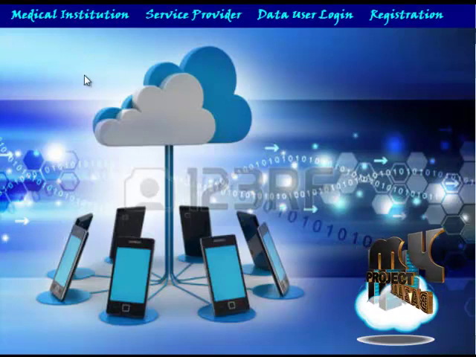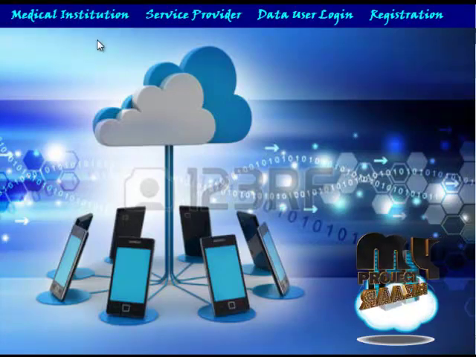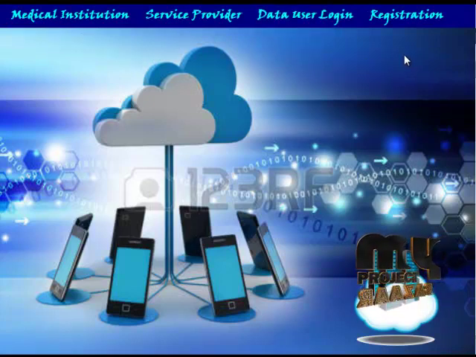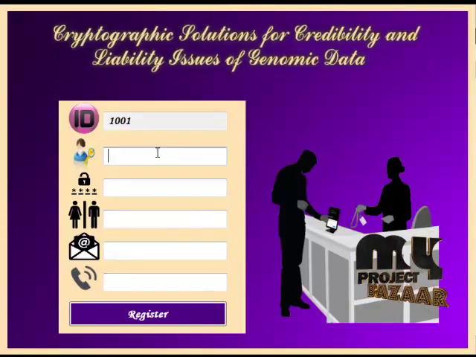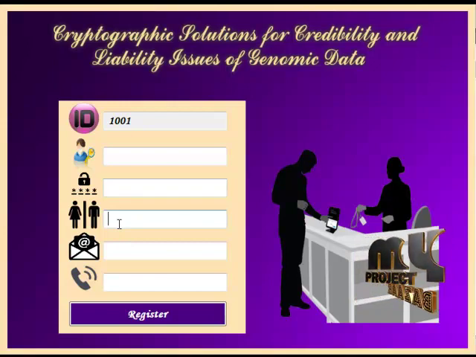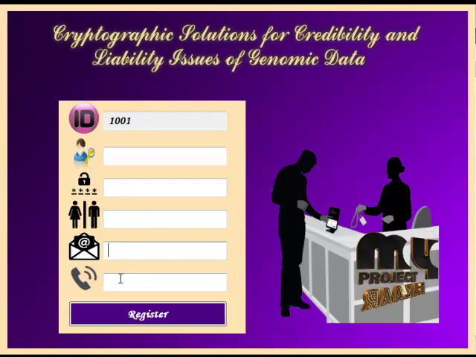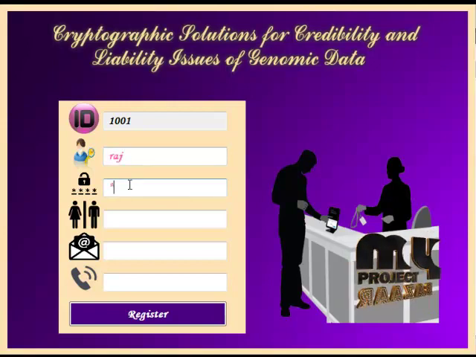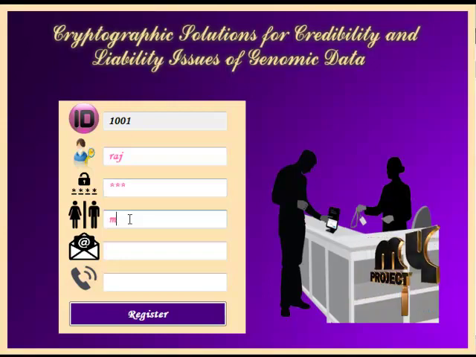This is the main home page. Here four types of divisions are there: the medical institution, service provider, data user login, and the registration. Initially user registration is performed with user details like username, password, gender, mail ID, and phone number. For example, this is the username and this is the password. Here is the gender.